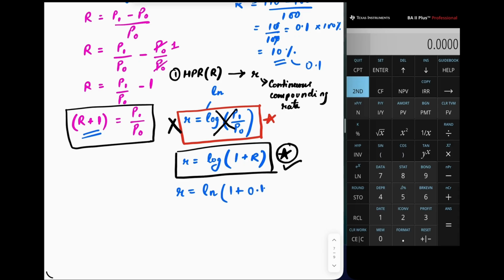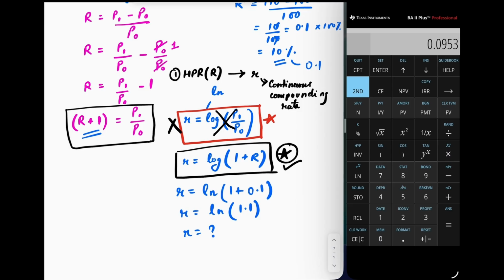So r is equal to ln 1.1. On my financial calculator, I just tap 1.1, which is inside the brackets, and then tap ln.